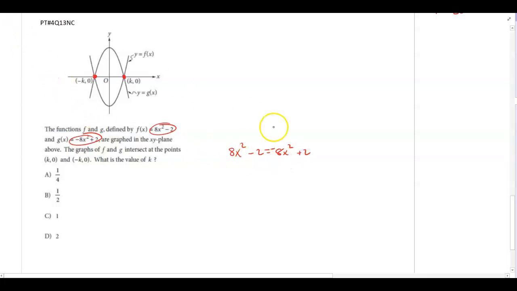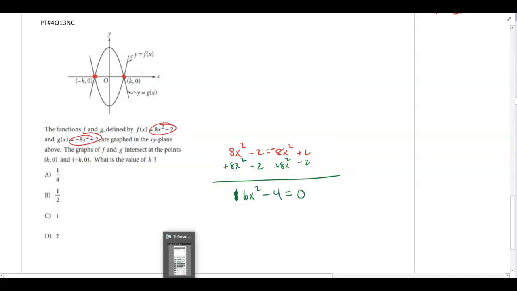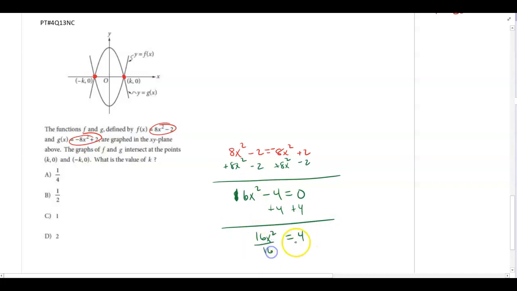And now all I'm going to do is solve for x. Add 8x squared because I know I have to solve a quadratic. Subtract the 2, right? And I get 16x squared minus 4 equals 0. This ends up being a square root problem where I could just add 4 to both sides. 16x squared equals 4.